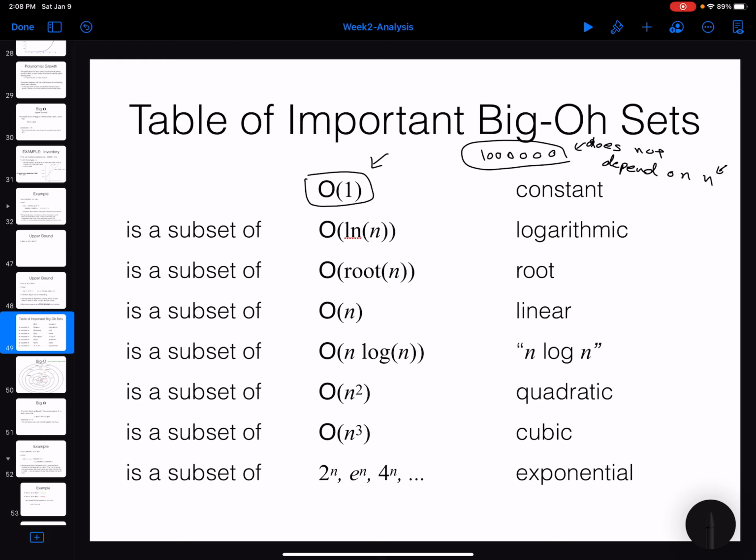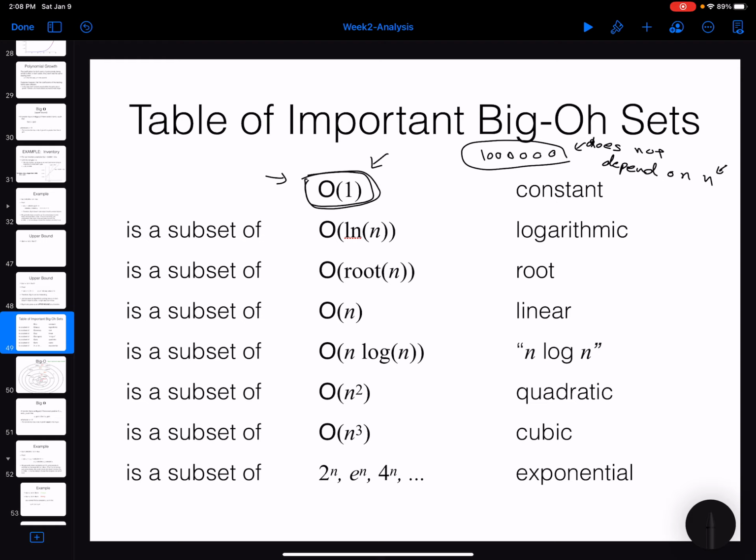So this is important. In all of those cases, we would show it as O of 1 and say that this is going to be constant. If you have an algorithm that works in constant amount of time, that is the best that you can get. So this is going to be the most efficient set of algorithms.